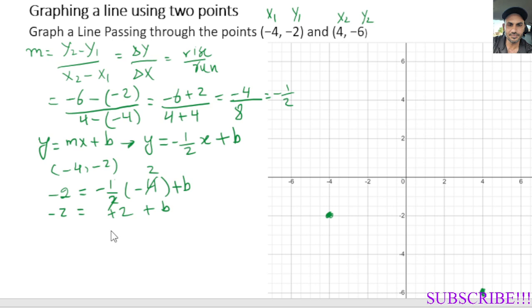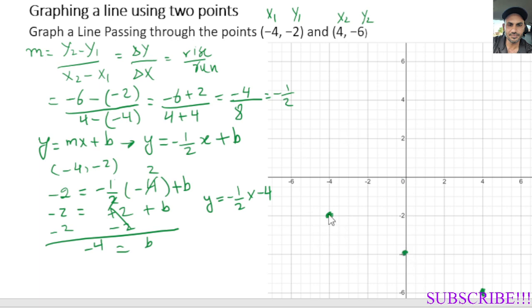And then we go ahead and simplify this further, subtracting 2 from both sides to isolate b, so b becomes -4. So now we have the equation of the line: y equals -1/2 x minus 4. Okay, so we can put this point here as well, our y-intercept, 0 comma -4. So this is one of the points.